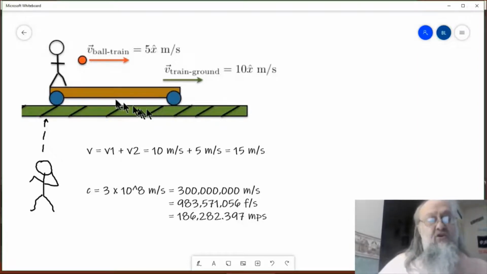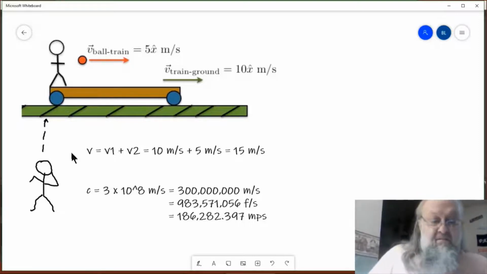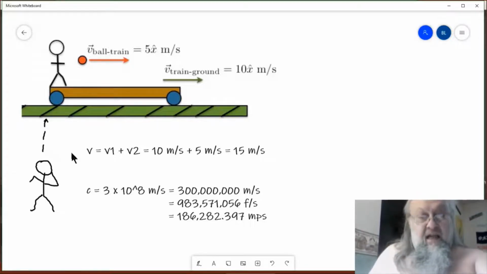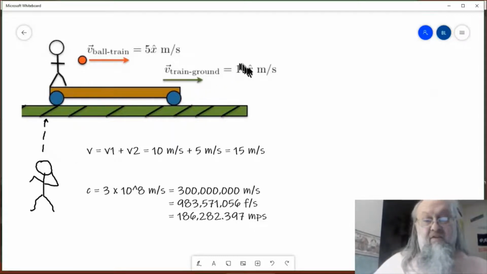But if you were standing down here watching a train, and there's a person riding on the train, and that person throws a ball. If the train is moving at 10 meters per second, I don't know why they put that little X in there. I should have erased it before I pasted this on here, but I didn't.